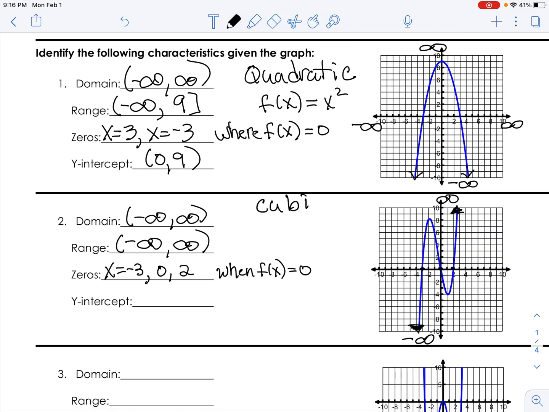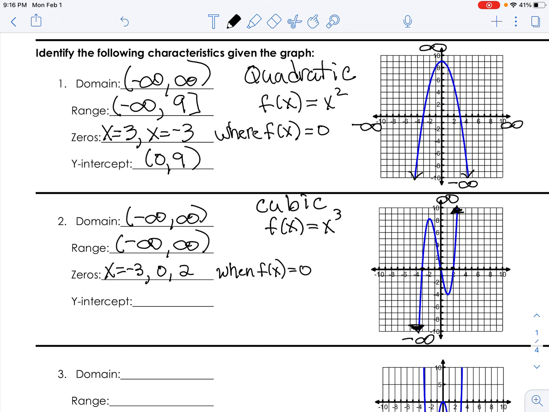And you can write it like that. Oh, and I was going to write here, this is the cubic, and that's some form of f of x equals x cubed. Now, this is not x cubed because this has more terms in it than the parent function x cubed. And we're going to talk about that. Why does it have more terms?